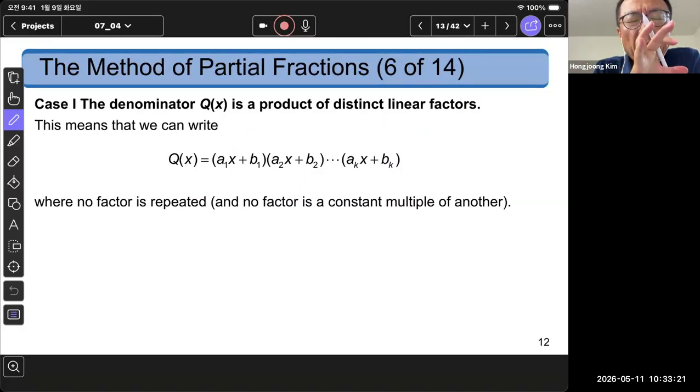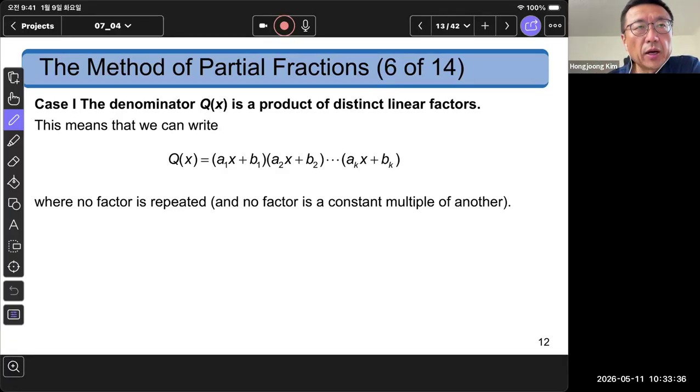Depending on the type of Q(x), we will consider slightly different approaches. There are four different types.